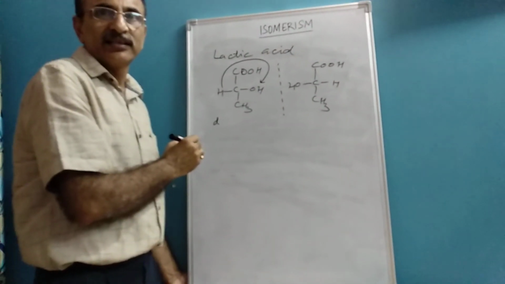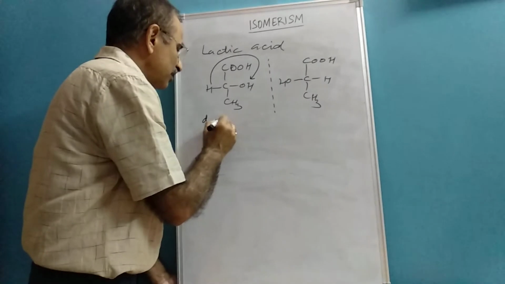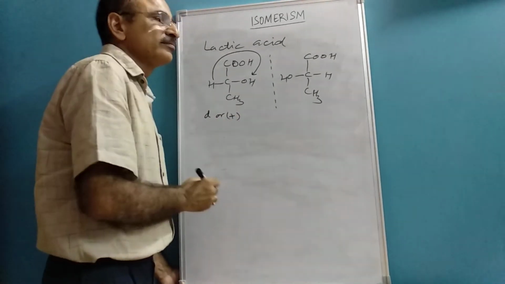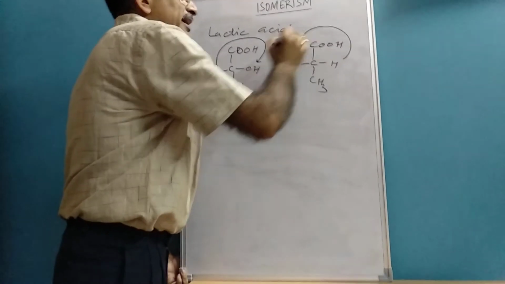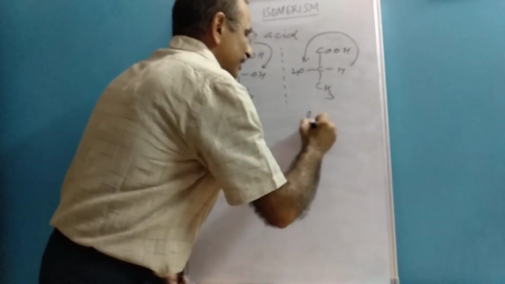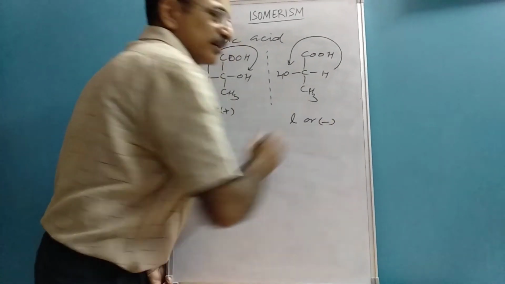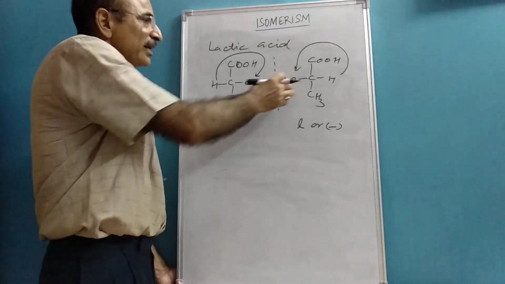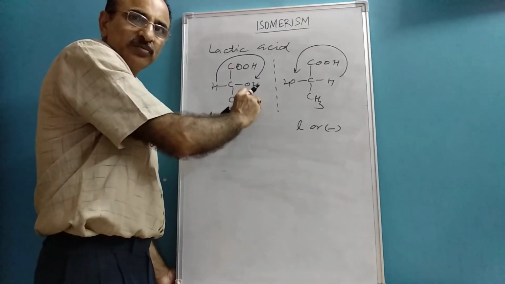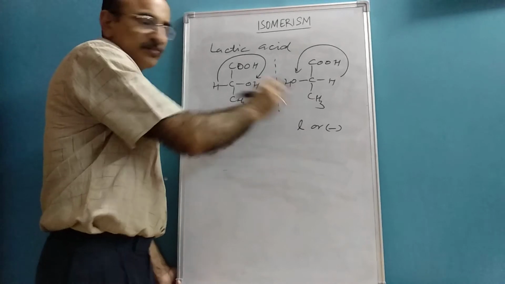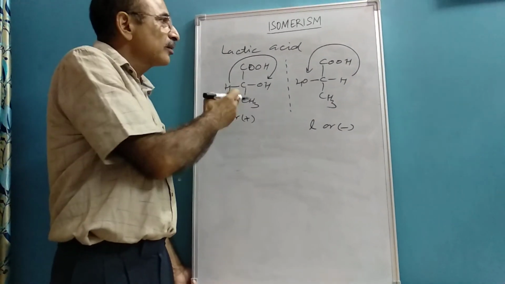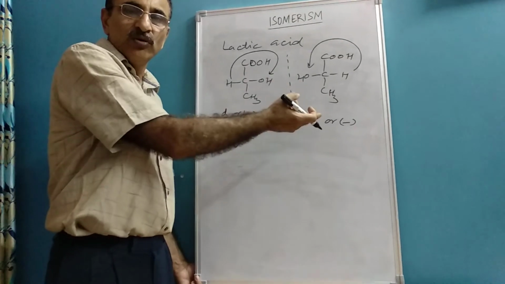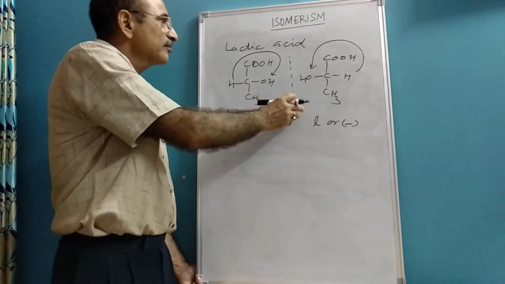Therefore, this is dextro-rotatory lactic acid, D or plus lactic acid. And when we are going to observe this molecule, it is anti-clockwise direction. It is L or minus lactic acid. When we are having an equal amount mixture of both, then external compensation of optical rotation of dextro and levo will be taken together.